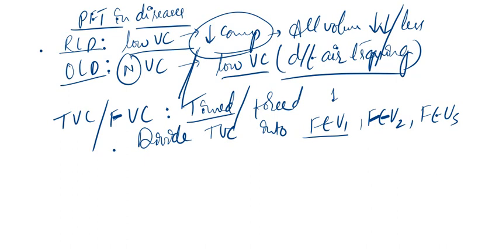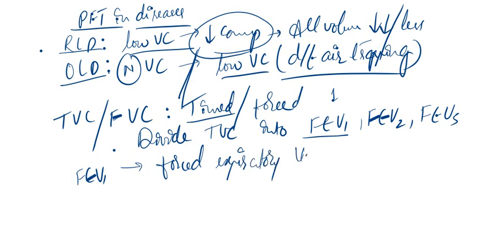So FEV1 denotes forced expiratory volume in the first second, right? It is a part of vital capacity expired in the first second. So you can call it 4 liters out of 5 liters, right?